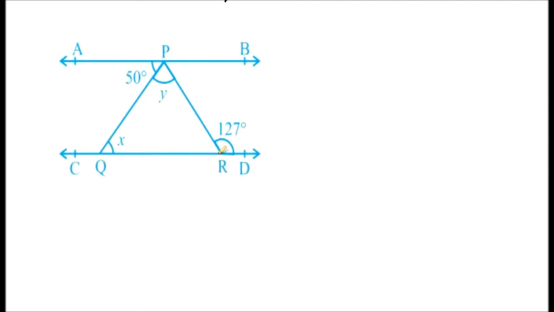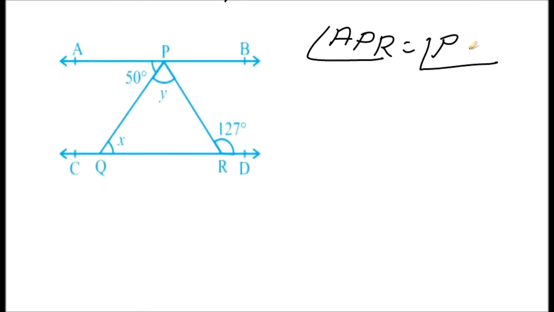So here if you take AB and CD as parallel lines, and take only PR as the transversal, you can write angle APR is equal to angle PRD. So these are alternate interior angles.